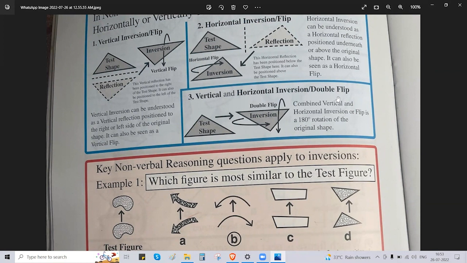The test figure is having a horizontal flip. So we'll have to find a shape from the options that has a horizontal flip, which I can spot already, which is B.